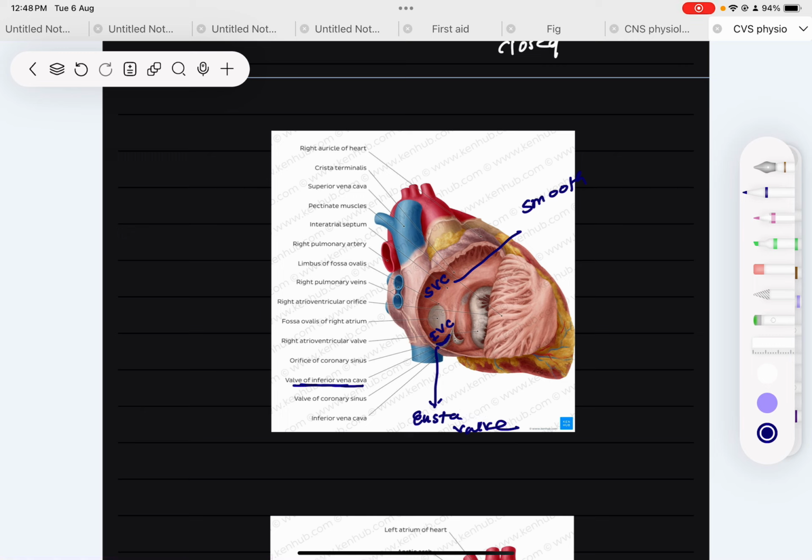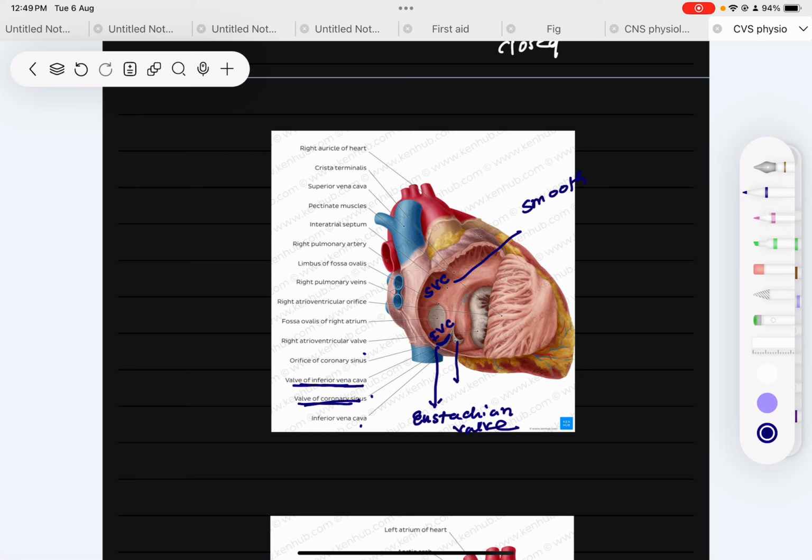Eustachian valve, and there will be a coronary sinus, as you can see here. Orifice of coronary sinus is here, and there will be valve of coronary sinus. So we have to remember two things: inferior vena cava opening and valve of inferior vena cava, coronary sinus opening and valve of coronary sinus.